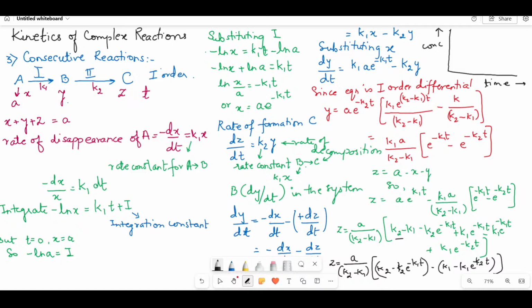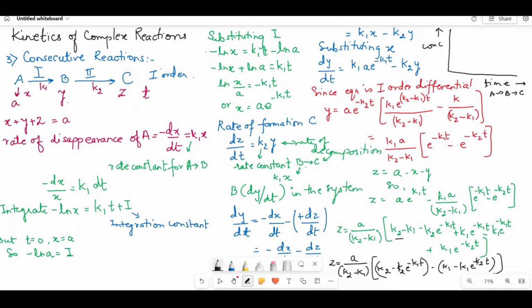Plot between A, B, C of any consecutive reaction in which A is going to B is going to C. The graph will be somewhat like this.